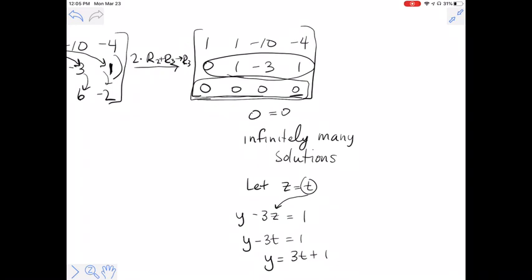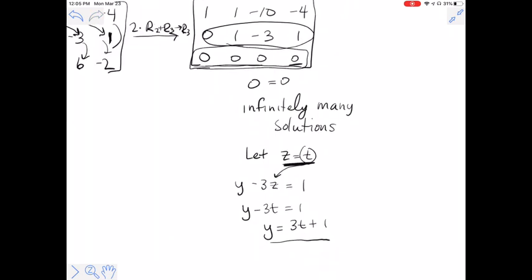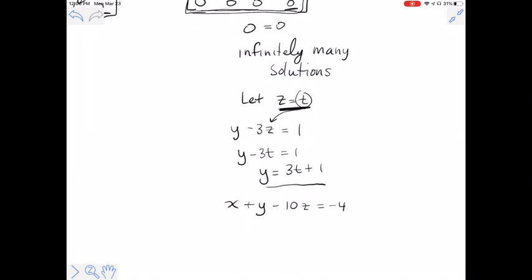So we have 2 of the variables solved. We have z equals t, and we have y equals 3t plus 1. Now we just need to find x. So we get x from this top row. We have x plus y minus 10z equals -4.